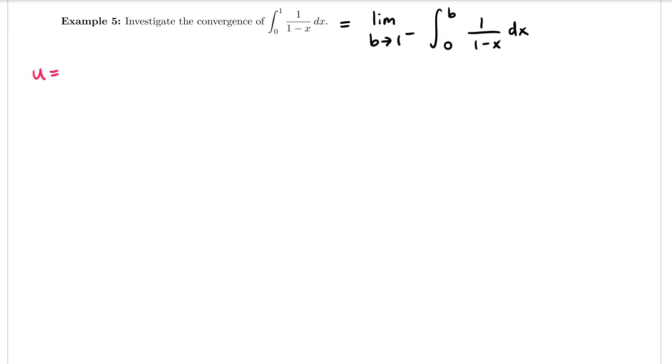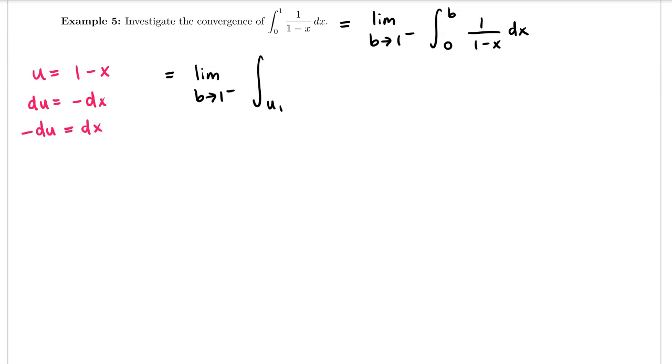So I'm going to use u substitution. I'm going to let u equal 1 minus x, and then du will equal negative dx, and negative du will equal dx.